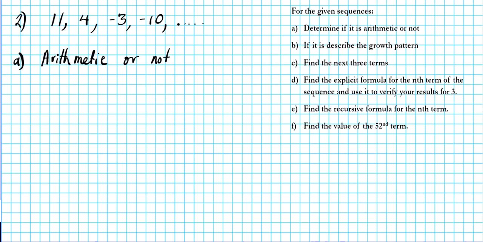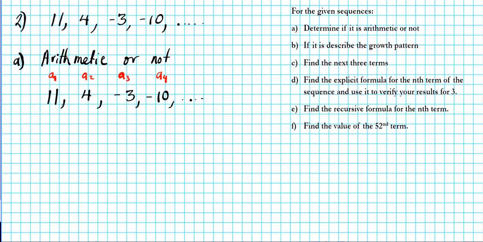So we have 11, 4, -3, -10, and the pattern continues. So this is a1, first term, second term a2, third term a3, fourth term a4. So let's see if we're adding or subtracting the same number every single time.